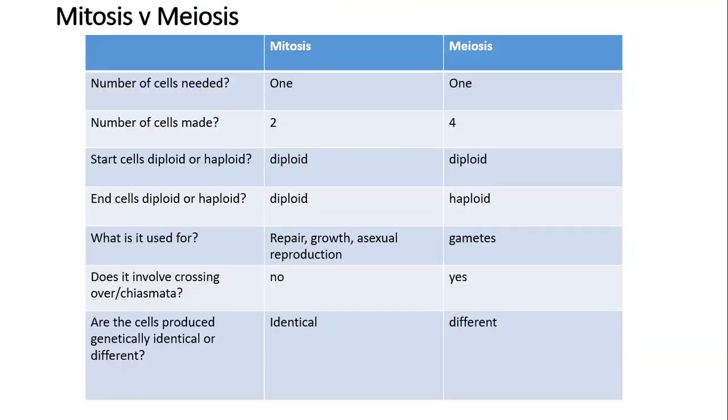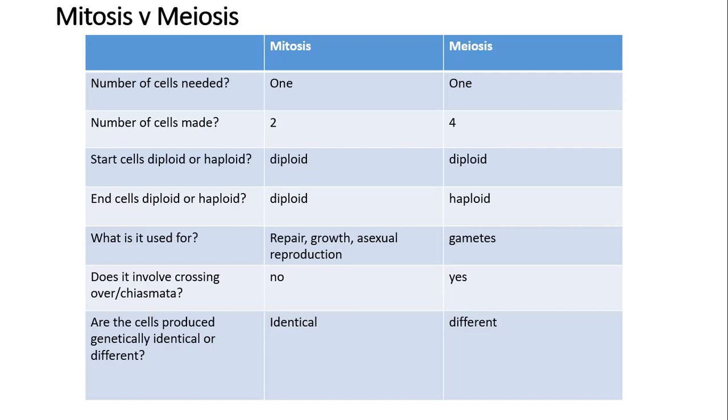So this is a really quick recap of the differences between mitosis and meiosis. The number of cells needed at the beginning is 1 for both of them. Mitosis makes 2 cells, also referred to as daughter cells, whereas meiosis makes 4 daughter cells. The cells at the start of mitosis and meiosis are called diploid cells.